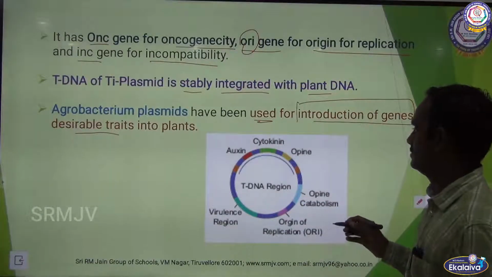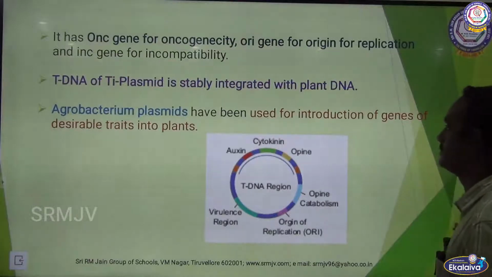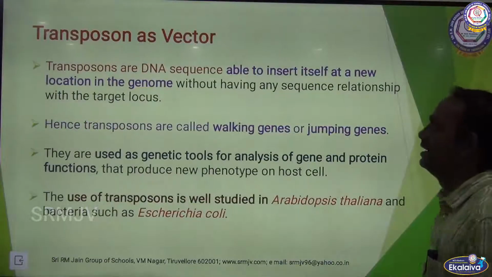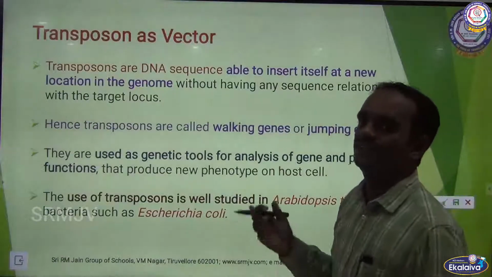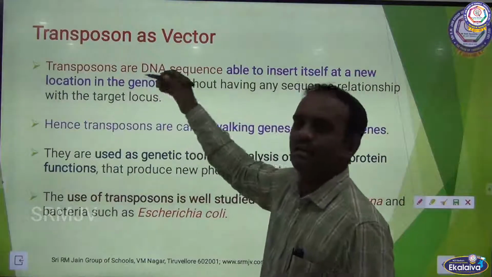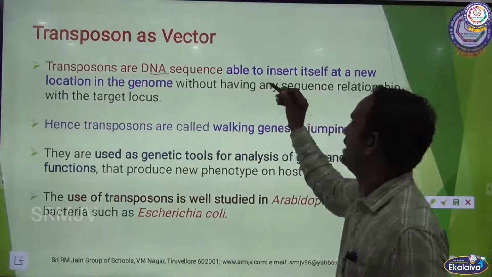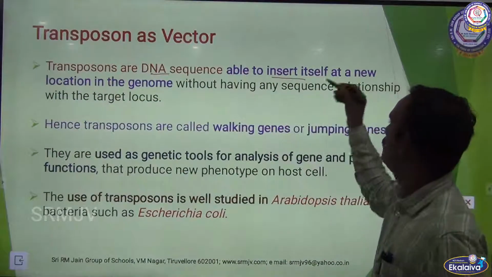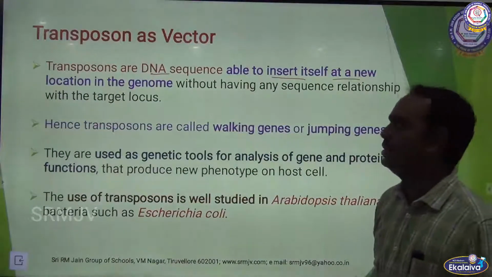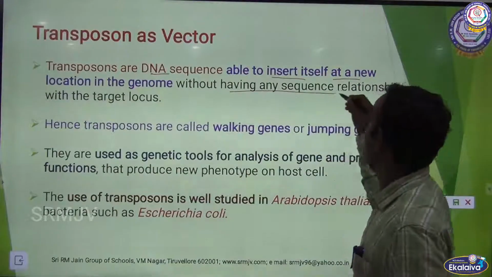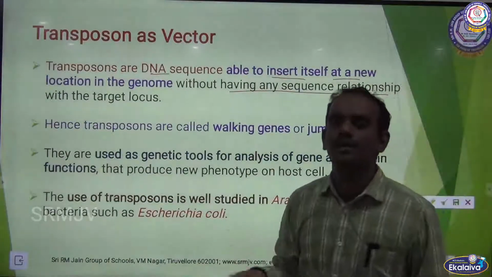The next one is the transposon as a vector. A transposon is a DNA sequence able to insert itself at a new location in the genome without having any sequence relationship with the target locus.